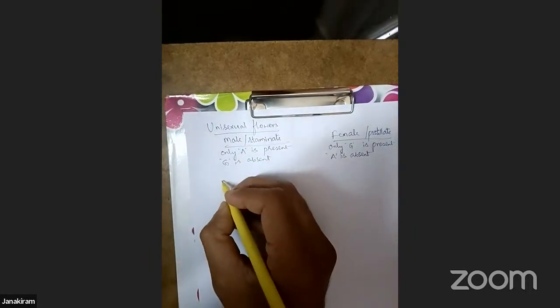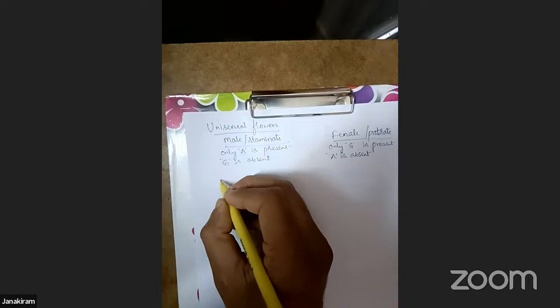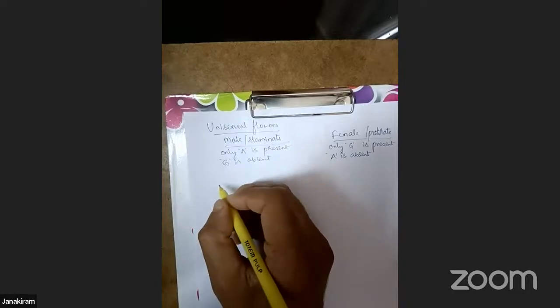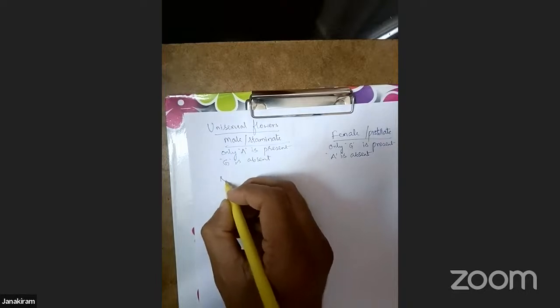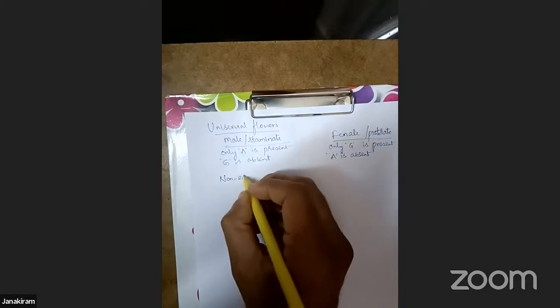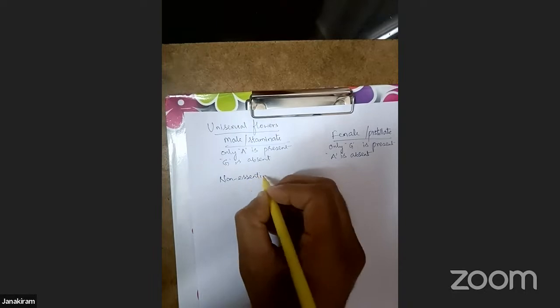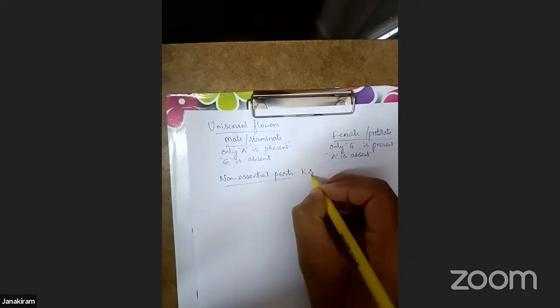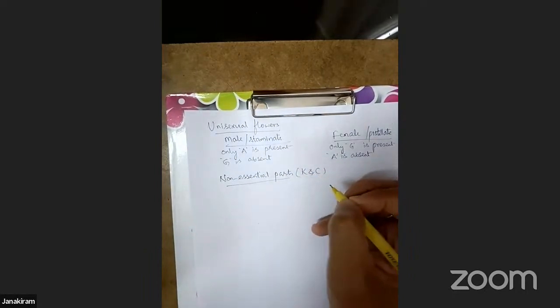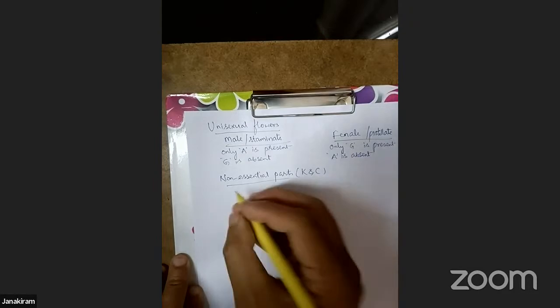And then coming to the non-essential parts, that is K and C, that is calyx and corolla.